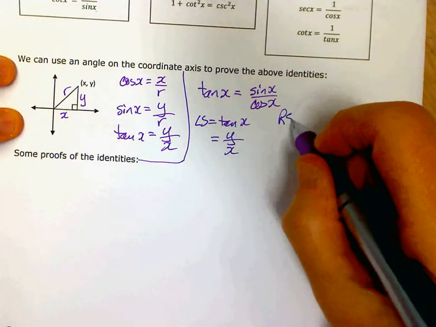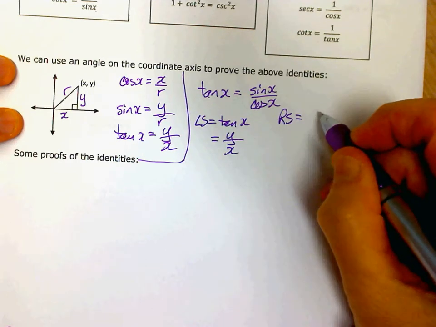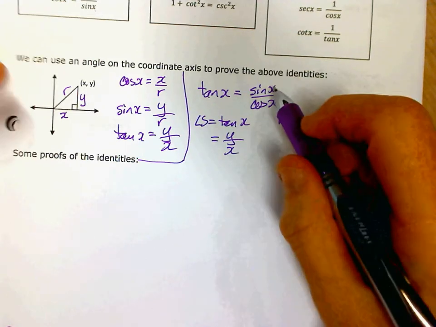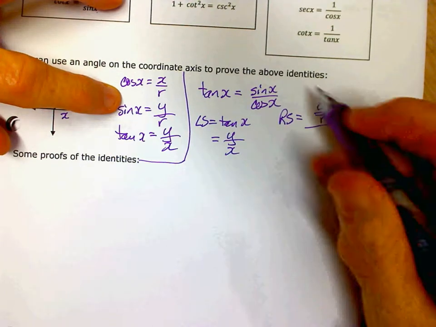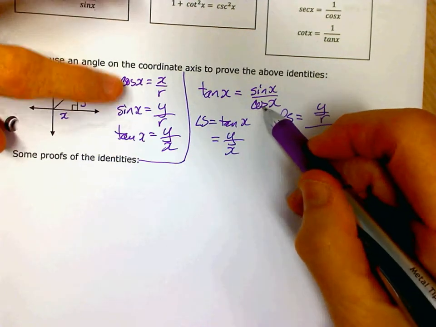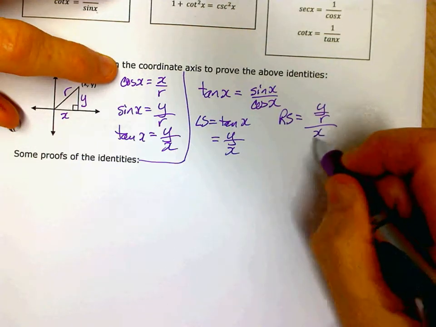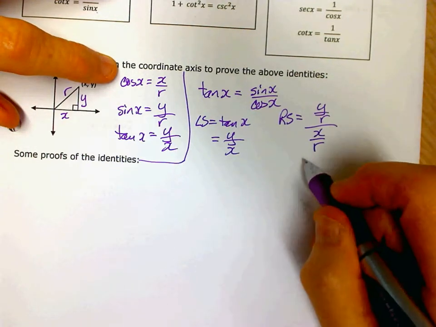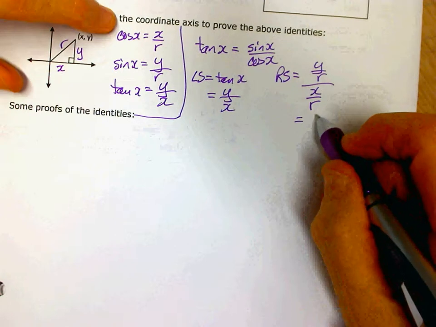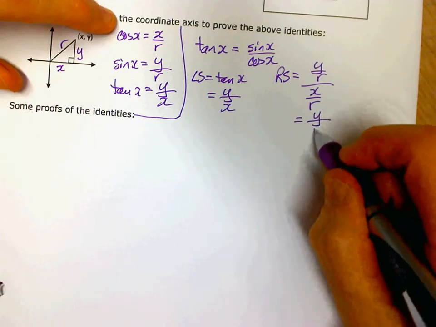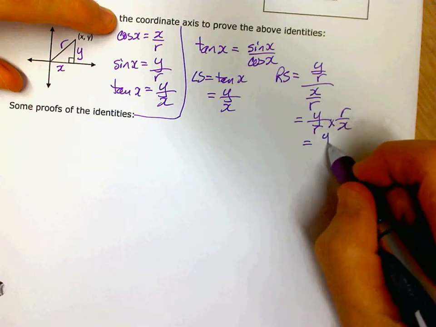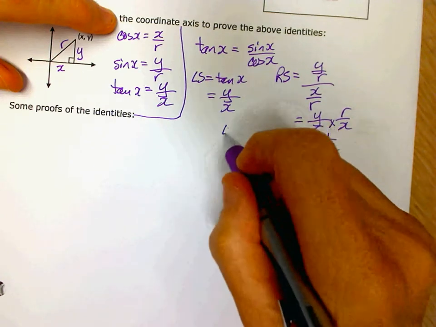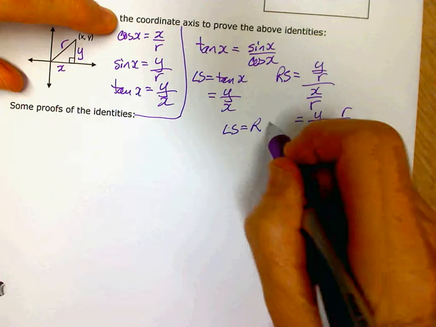Right side equals sine x over cos x. You know that sine x is y over r, cos x is x over r, and that is equal to, multiply by the reciprocal when you divide by a fraction, and that is equal to y over x. Can you see the left side equals the right side?